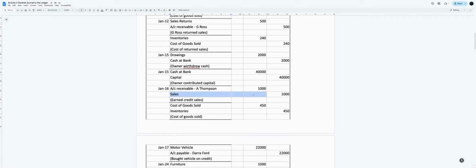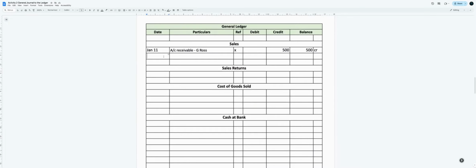We've got another one here on the 16th for $1,000. So we can type in the 16. It was for $1,000 credit again. Our balance now has gone up because 2 credits will increase. So 1,500 remains credit.